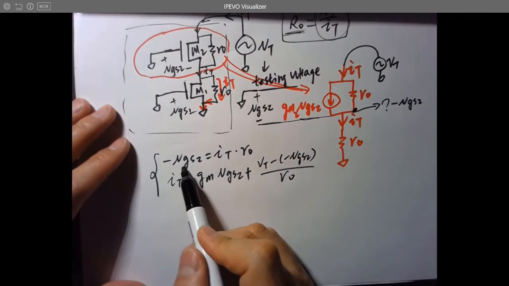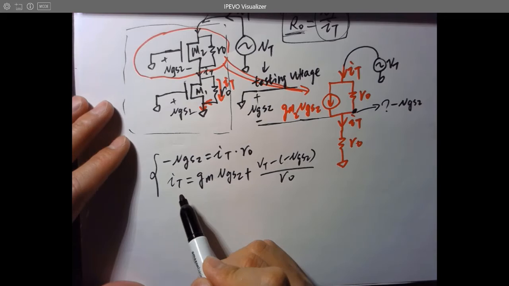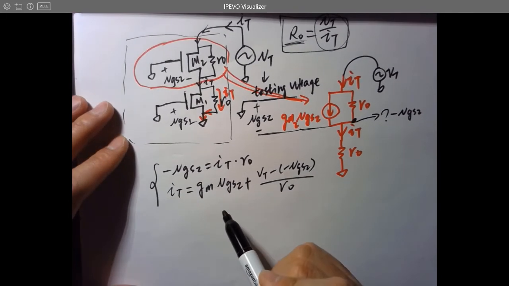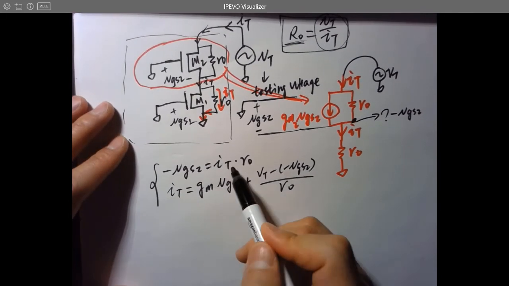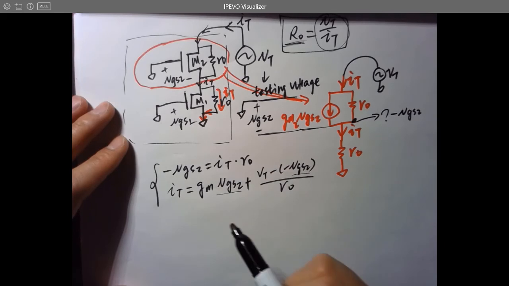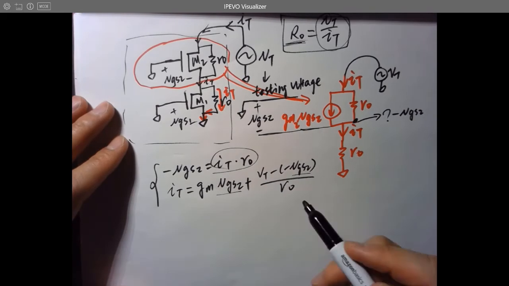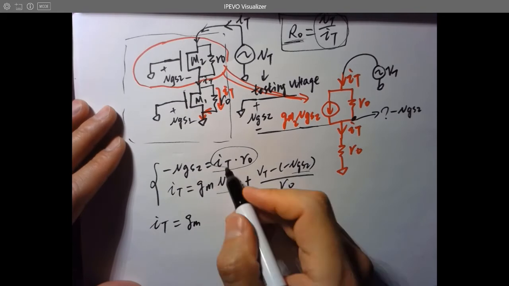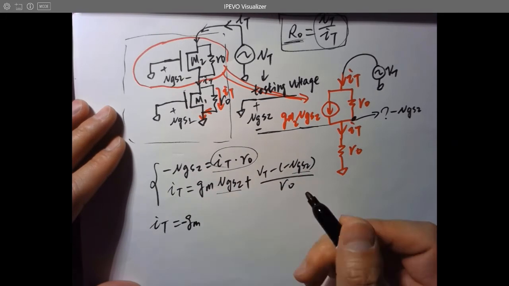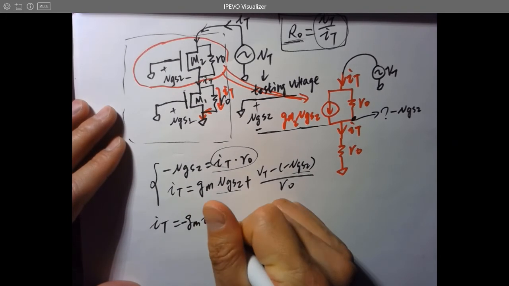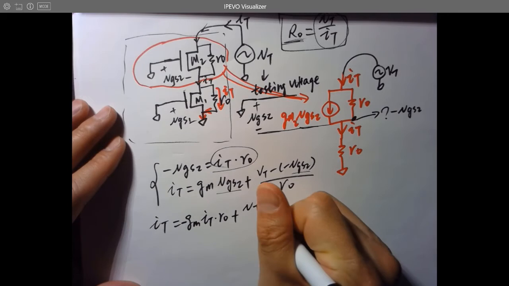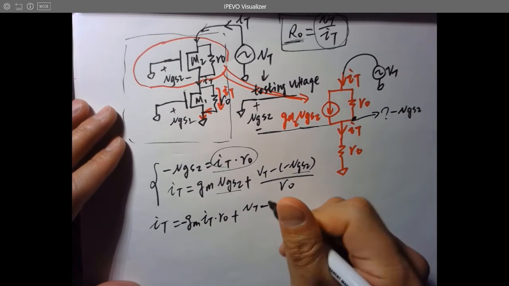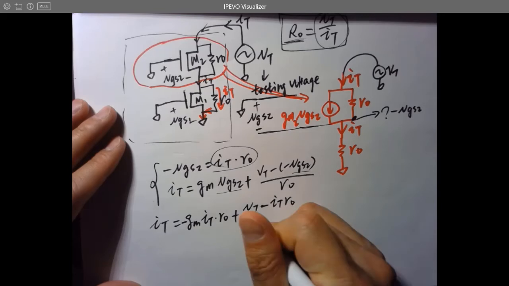So you want to get rid of VGS2, definitely, right? So the way to do that is substitute all the VGS2 here and here using this one. So IT equals GM VGS2, which has a minus sign in the front, minus IT times RO, plus VT minus, but finally still minus IT RO over RO.